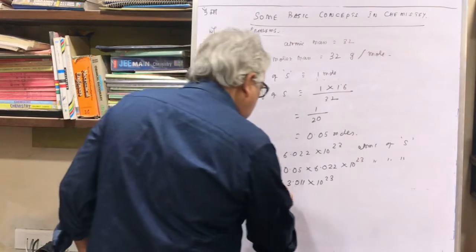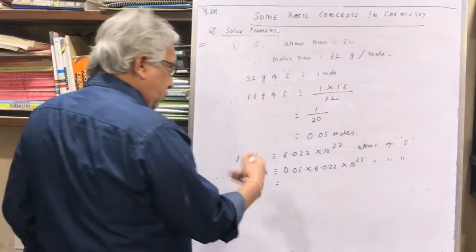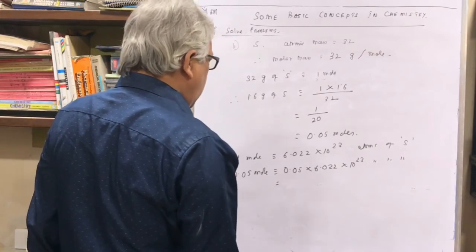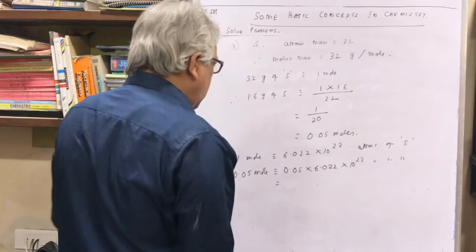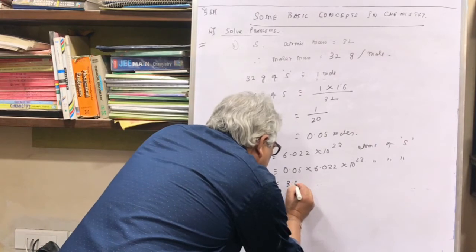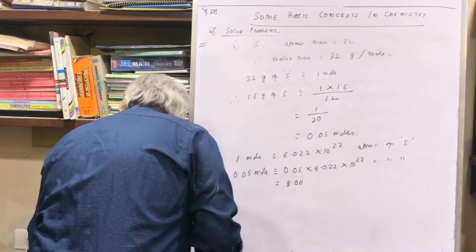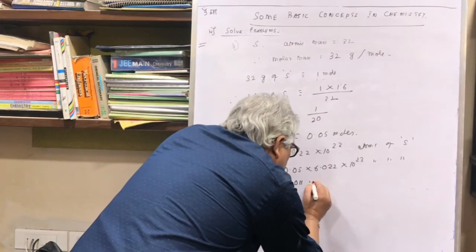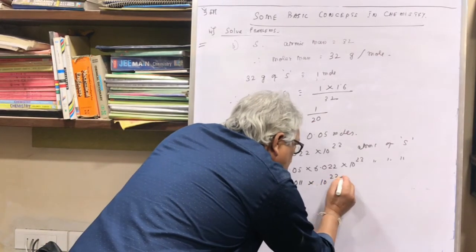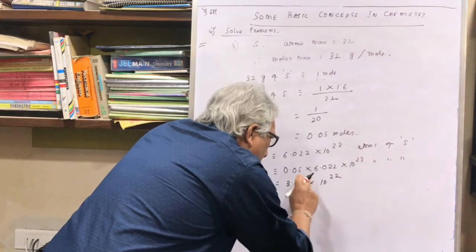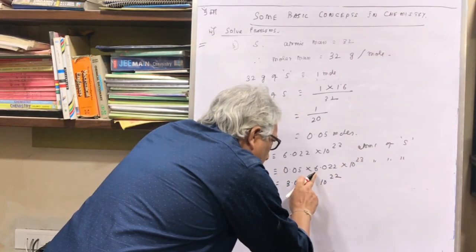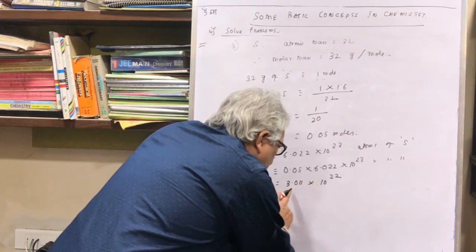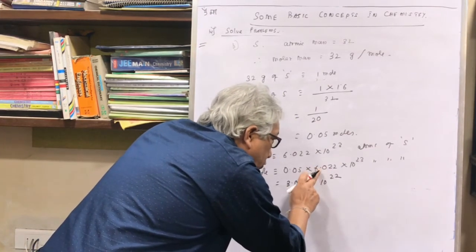No, with 0.05 it will be 3.011 into 10 raised to 22, mind you, because it will actually become 0.3011.